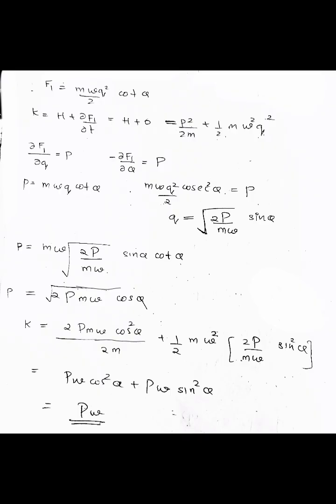That is equal to Pω cos²Q + Pω sin²Q. That is equal to Pω. That is, we can write K = Pω.